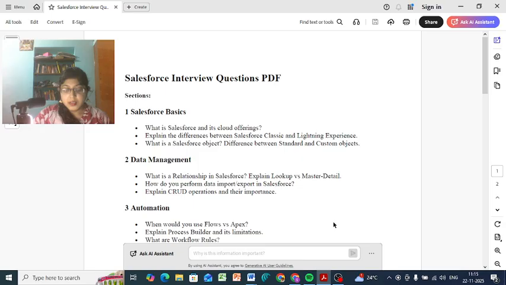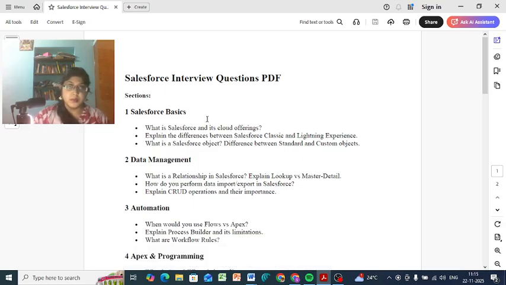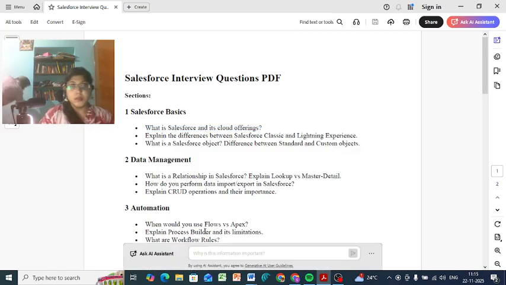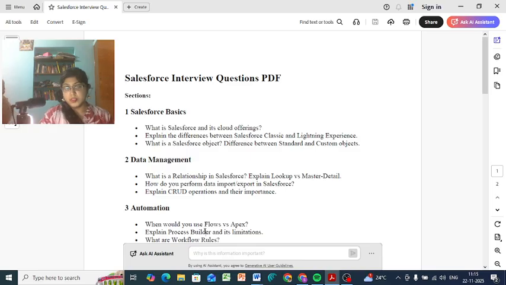The first question which I will answer is: what is Salesforce and its cloud offerings? Salesforce is a platform offered as SaaS, PaaS or IaaS, where we understand that it is not only the cloud technology, but the platform that we build on.